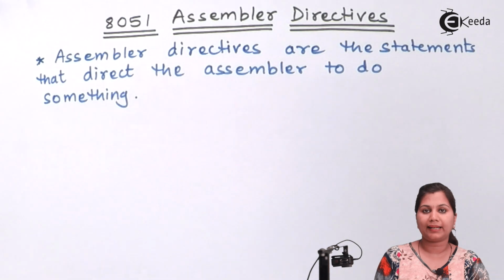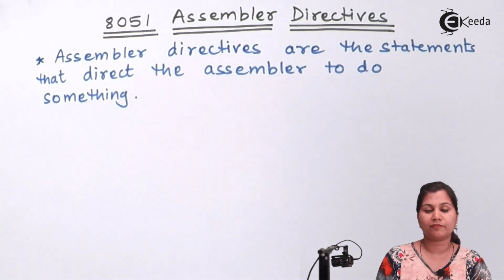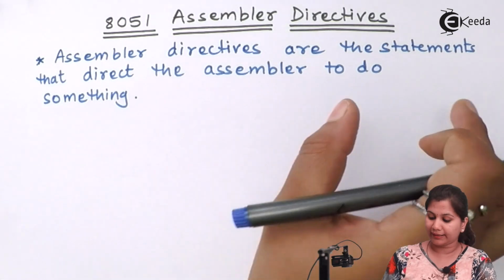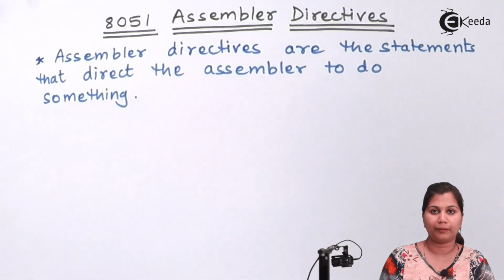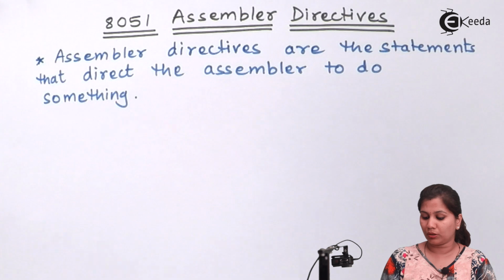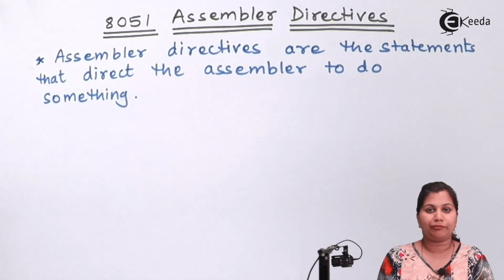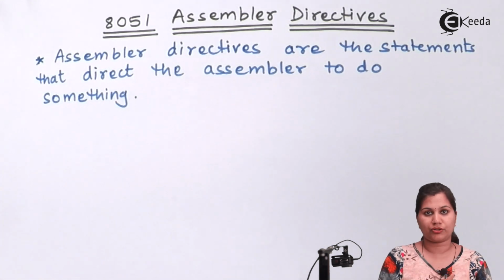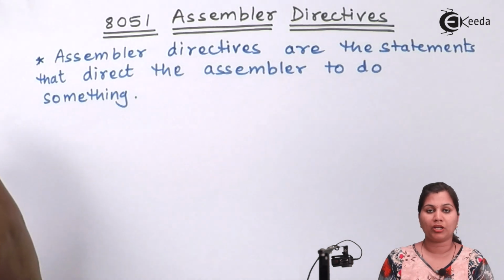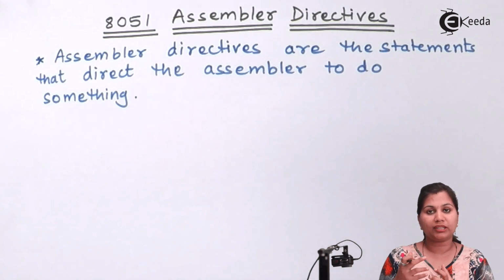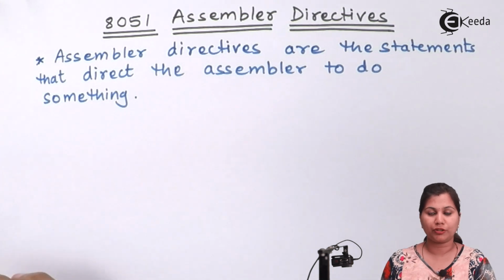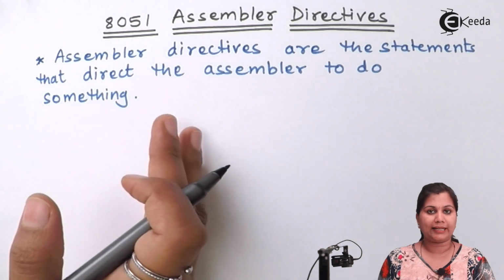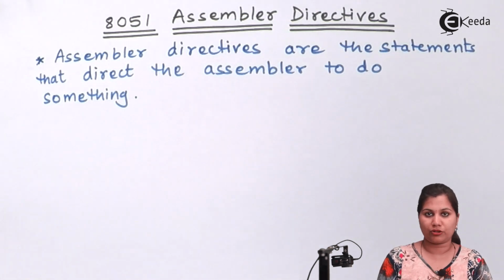Assembler directives are statements which direct the assembler to do something. In the 8051 we have instructions, and these instructions are written in the program. The instructions perform some specific operation, but assembler directives are different from instructions.